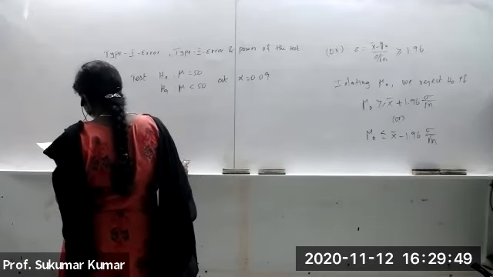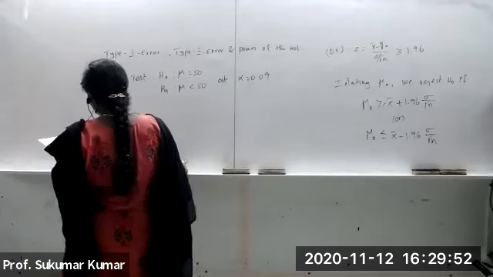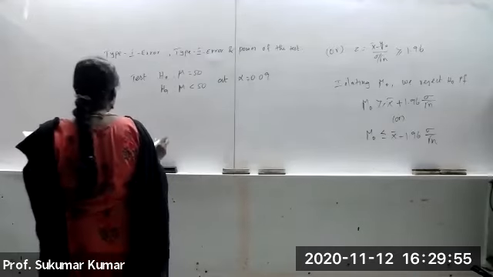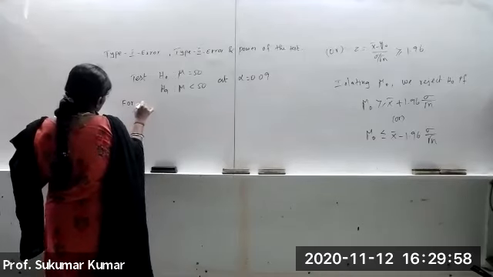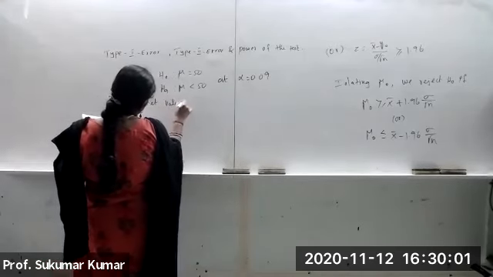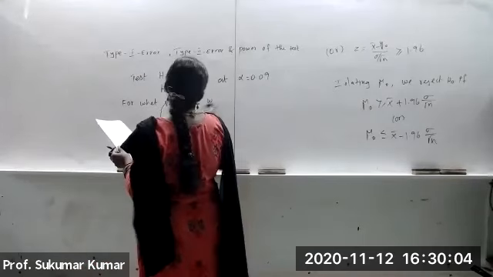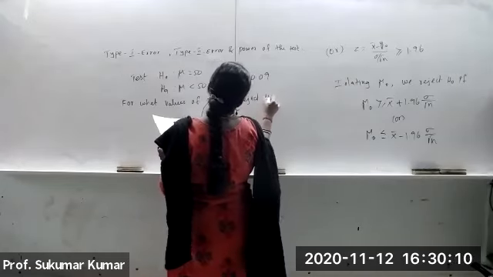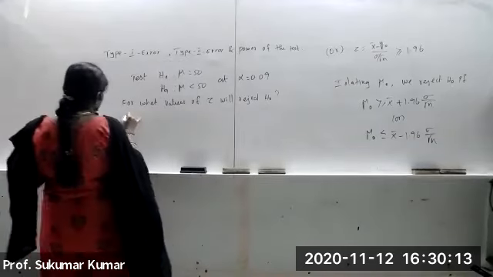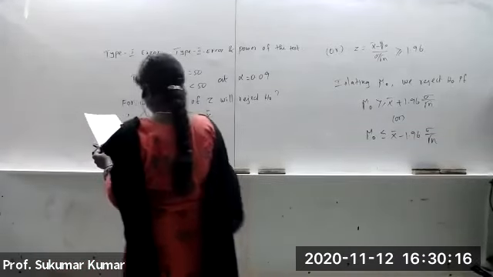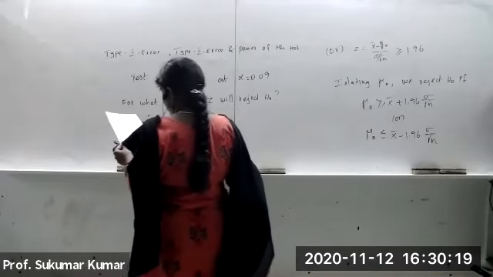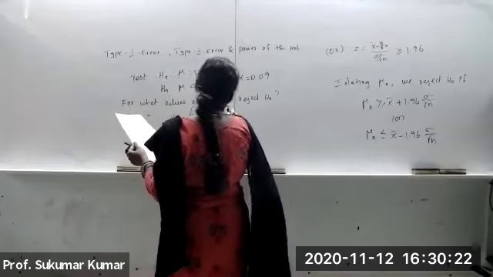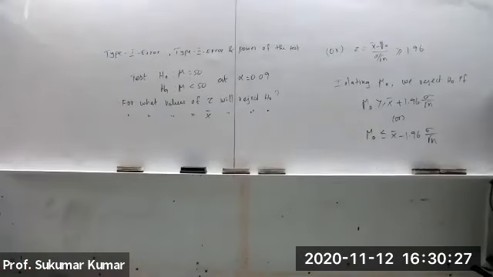For what values of Z will we reject H naught? Also, for what values of X bar will we reject H naught?